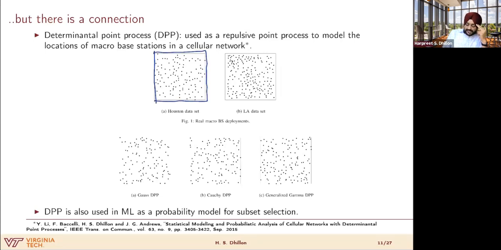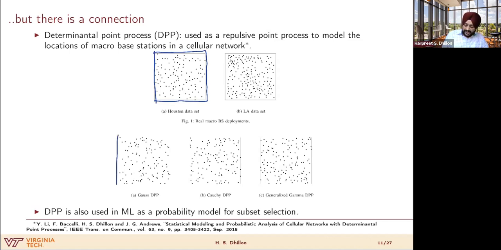The thought process here is to think of this data set as a realization of a determinantal point process, then fit a determinantal point process to this data set. I won't be going into the fitting details. And then create another realization of the DPP and see if it looks similar to the Houston data set or not.